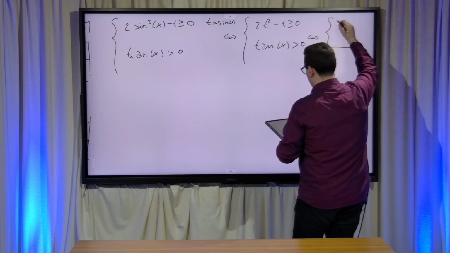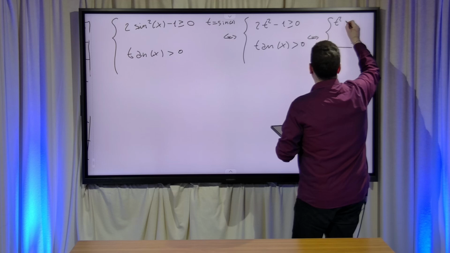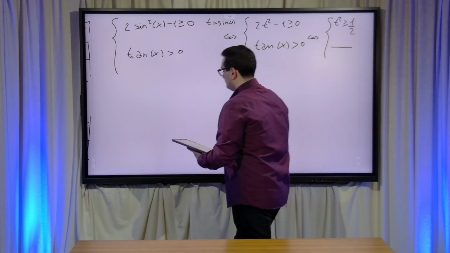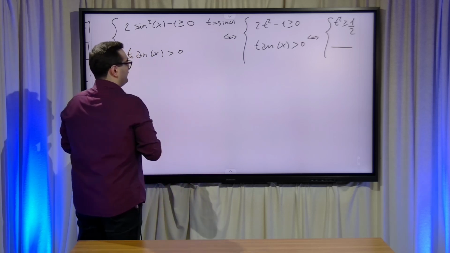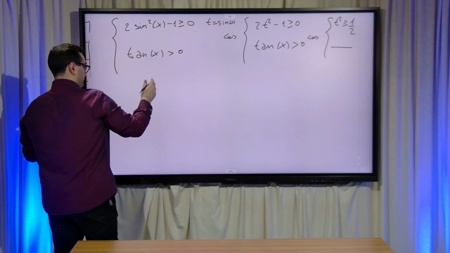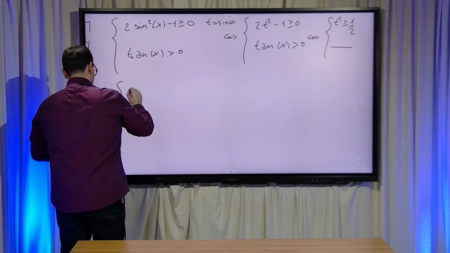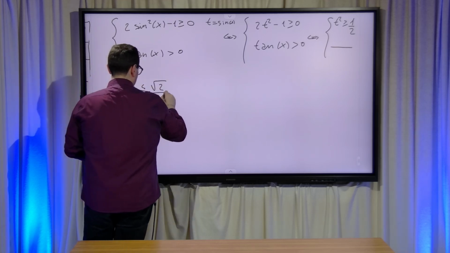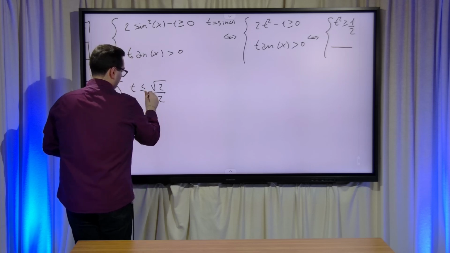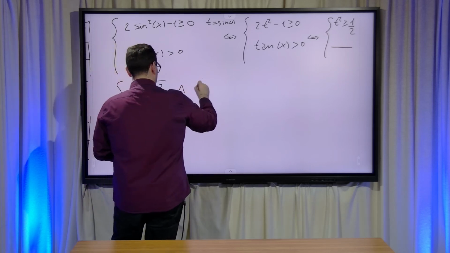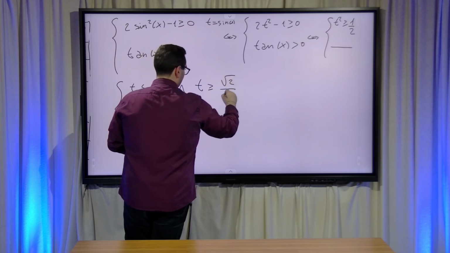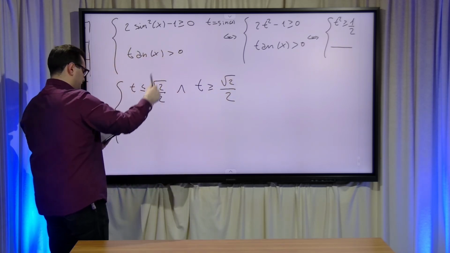From the first one again, I get t squared greater than or equal to 1/2, and again t from the first one.